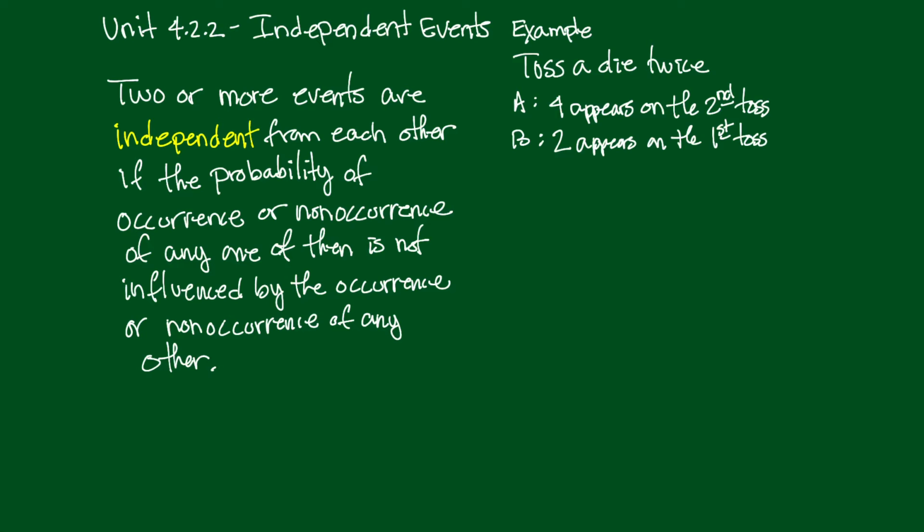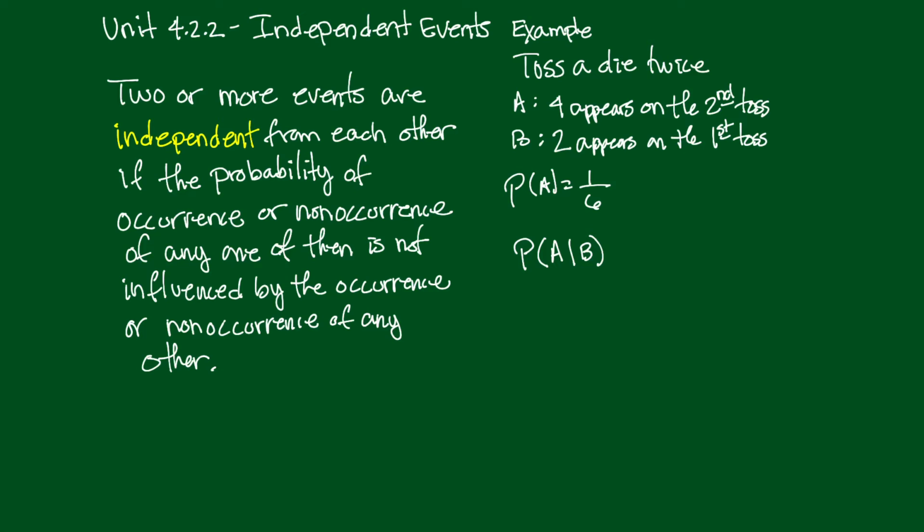I would say that the probability of A is still 1 out of 6, right? There's 6 possible outcomes when you toss a die, 1, 2, 3, 4, 5, 6, and there's only one way to get a 4. So if I put it in conditional probability, what's the probability of A given B? This is the probability that A occurs given B occurs.